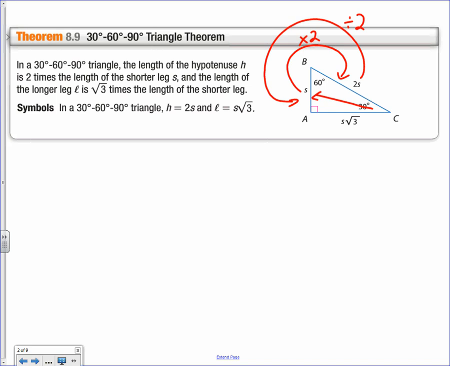To go from the short side to the longer of the two sides, we're going to multiply by the square root of 3. If we needed to come back, we would divide by square root of 3. Right? I don't know if drawing that extra stuff in will be helpful. Just trying to show you kind of how it goes, right?